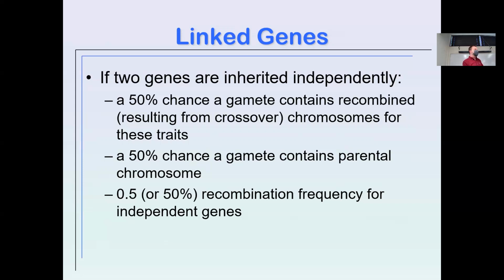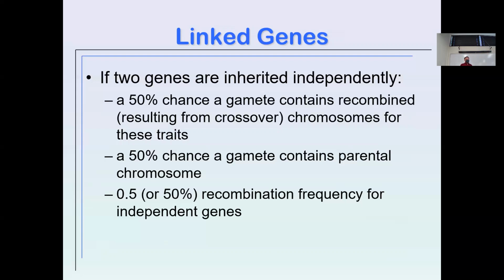And so what that means is that, if we're looking at 2 genes, there's about a 50% chance that those 2 genes are inherited from one parent together, or there's also a 50% chance that one gene is inherited from the mother and one gene is inherited from the father.